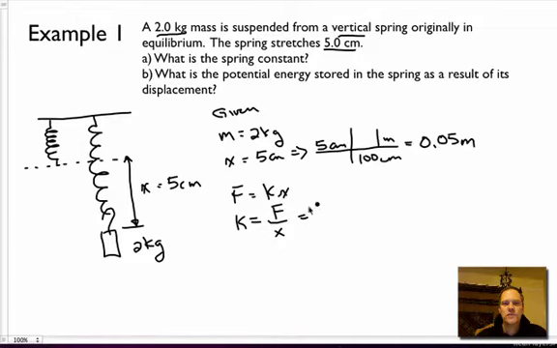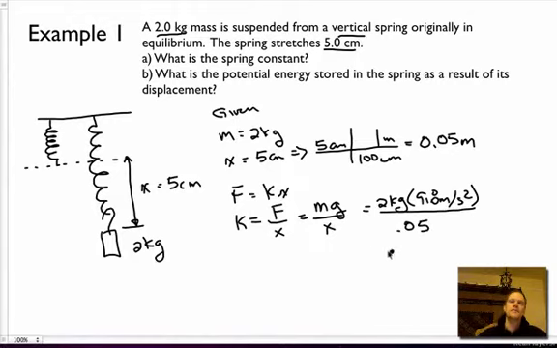So we have a force. The only thing we have is a mass, but we don't have a force. But that force is gravity, the force due to gravity. So we end up with really mass times gravity over that displacement, which is 2 kilograms times 9.8 meters per second squared, all divided by the displacement of 0.05.